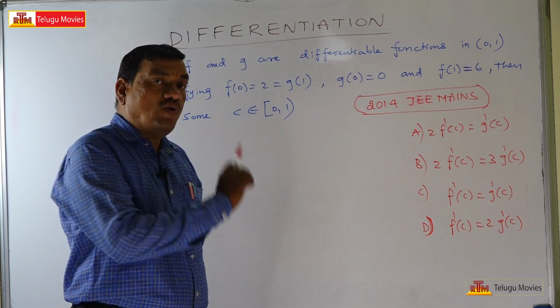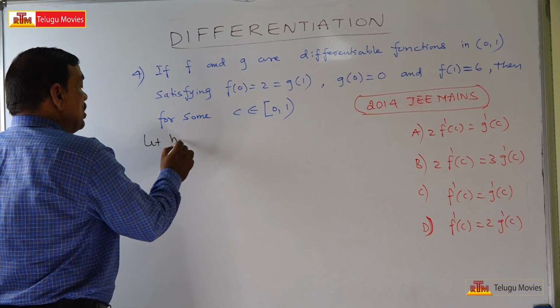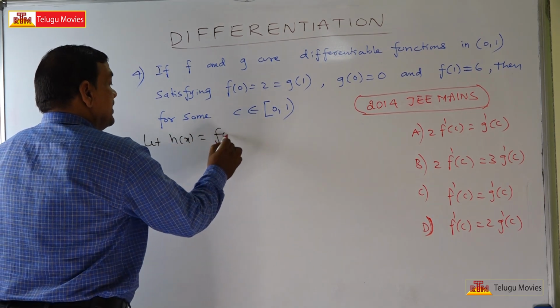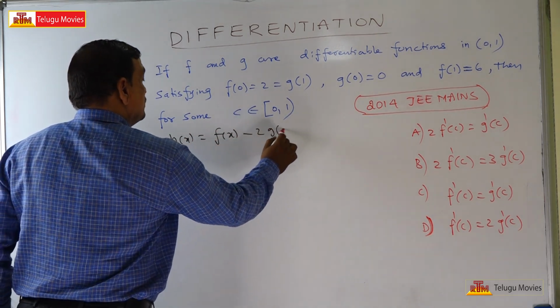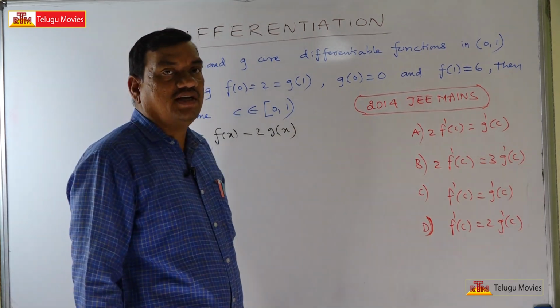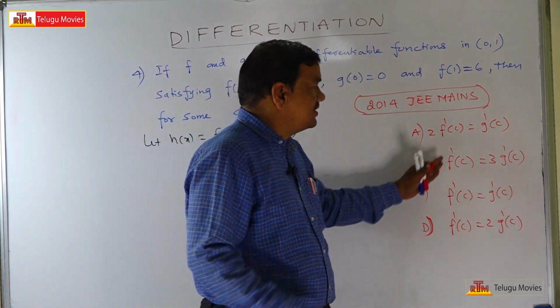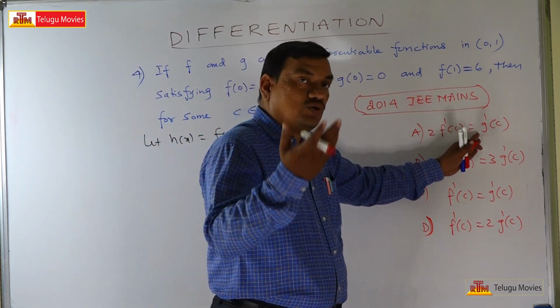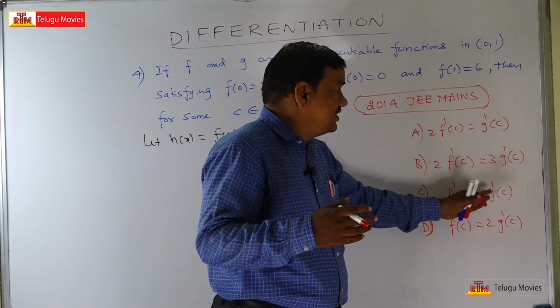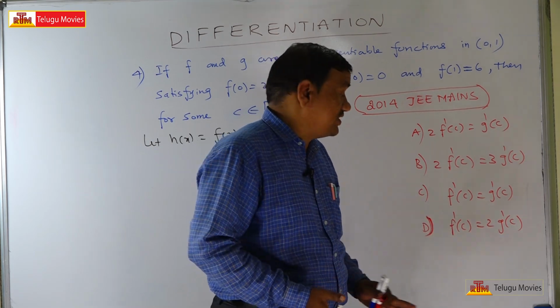Now let us consider one function, h of x is equal to f of x minus 2 times g of x. Immediately you may ask, sir, how will we get that idea? See the options: f of x is equal to g of x, f dash of c is equal to g dash of c, f dash of c is equal to 2 times g dash of c.